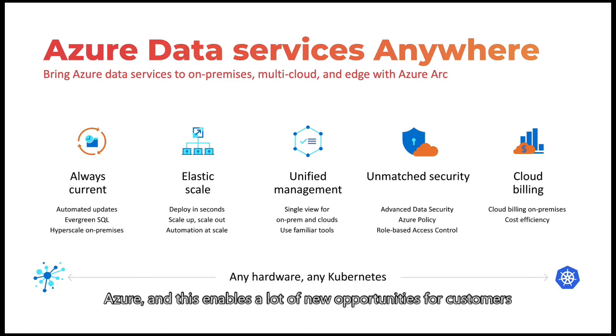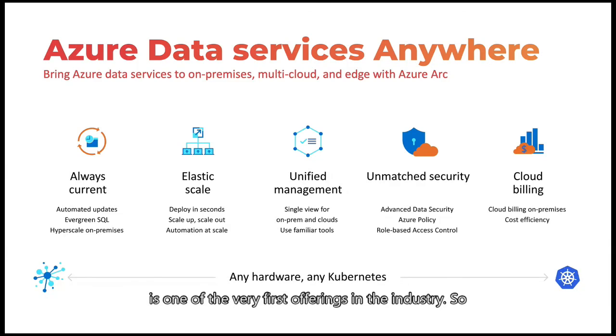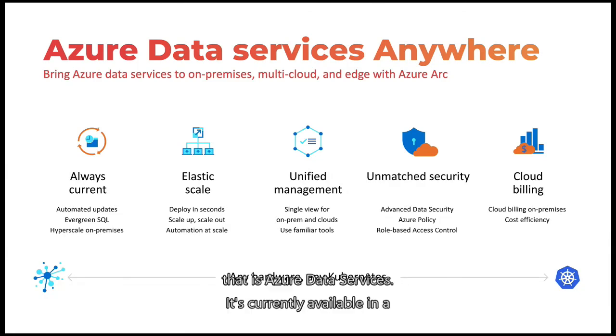And this enables a lot of new opportunities for customers, for partners, and for organizations. So this is a huge advantage and a key differentiator for Microsoft. None of the other hyperscale providers are able to bring critical managed services like RDBMS into the hybrid and multi-cloud environments. This is one of the very first offerings in the industry.